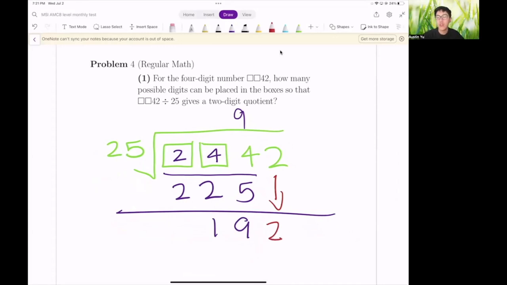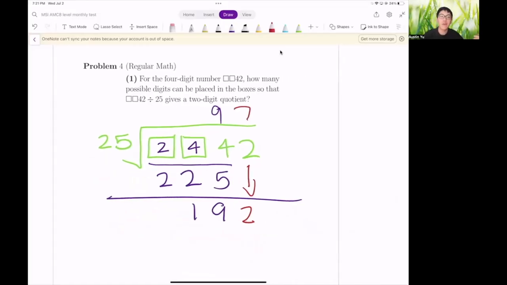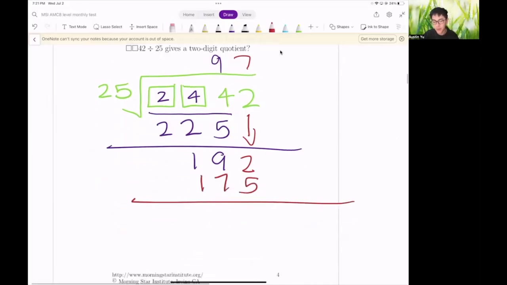192. What's 192 divided by 25? We see here that the whole number component must be 7, right? Because 25 times 7 is 175. 175 here. Perfect. And then this time we know that there must be a remainder, right? But the remainder can't be larger than 25.